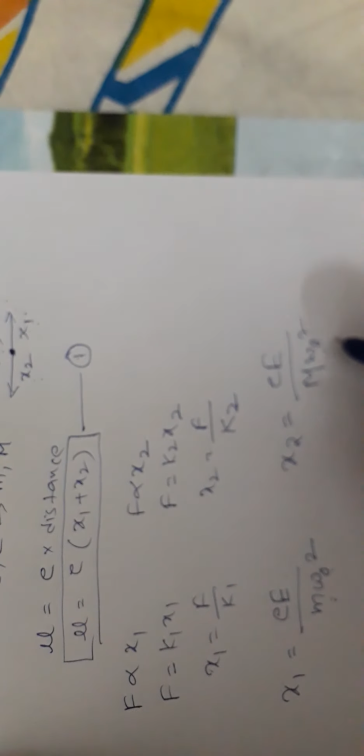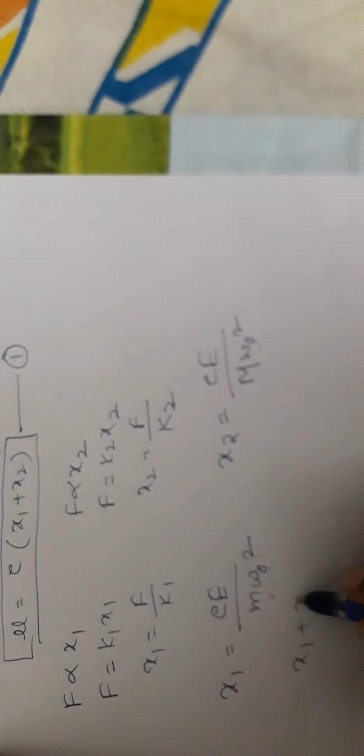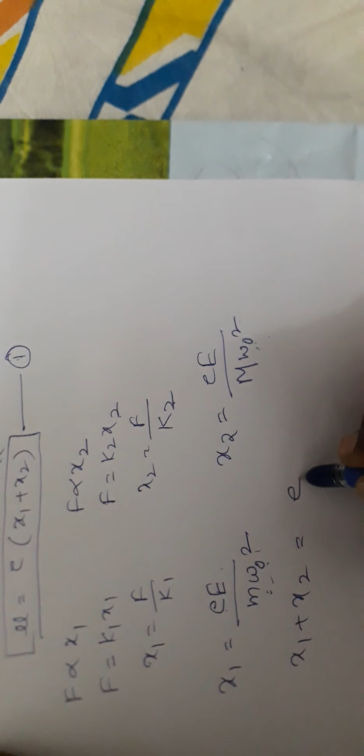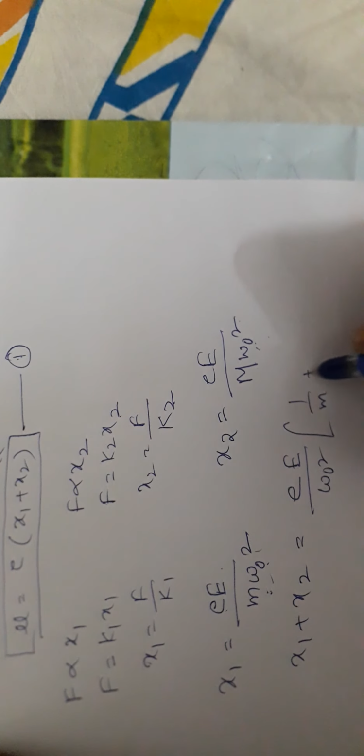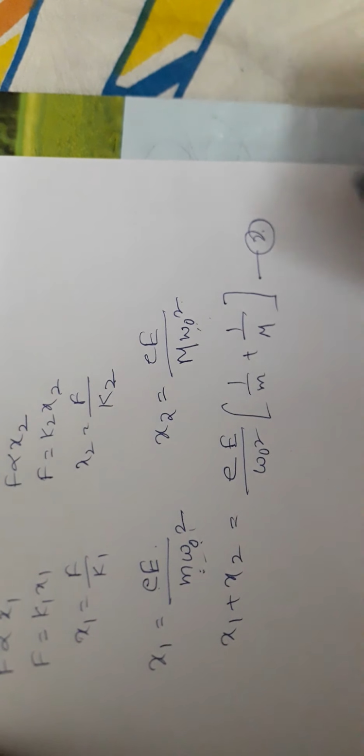This is the restoring force. Now the total x1 plus x2 equals E into E by omega naught square, which is common, into (1 by m plus 1 by capital M). So this is the total distance. This is equation number 2.